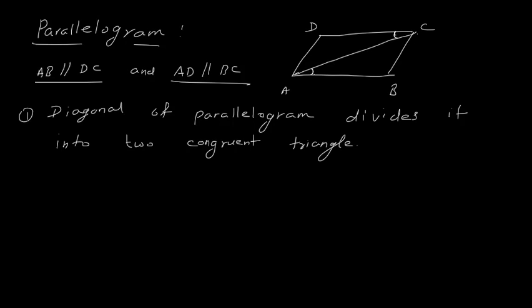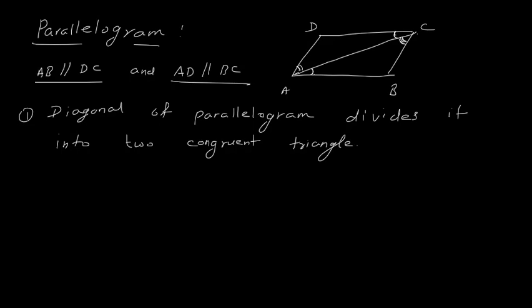In the same way, we can prove that angle BCA and angle DAC are also congruent. Again, they are alternate angles formed by two parallel lines. And side AC is common between these two triangles. So you can prove these two triangles are congruent.